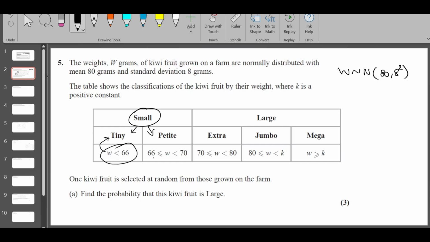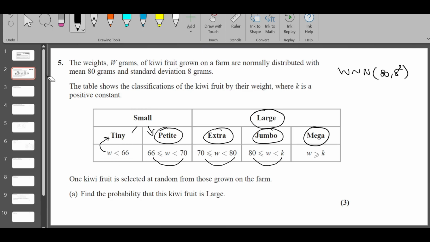If it's between 66 to 70, that's considered a petite. And then a large fruit, if it's between 70 grams or 80 grams, it's extra. 80 to K, we don't know the value of K, that's jumbo. If it's more than K, it's mega. That's how these fruits are categorized, okay?